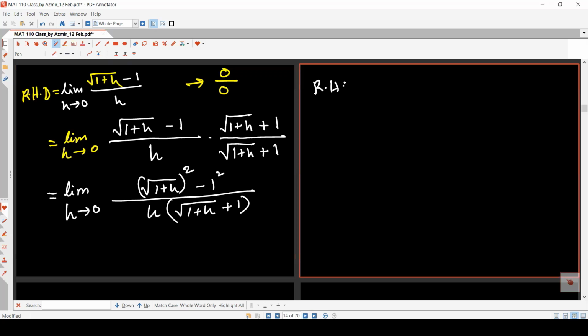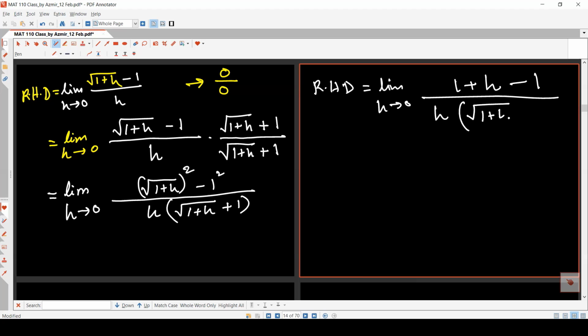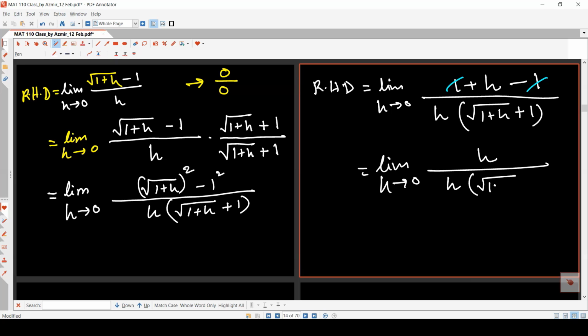So right-hand derivative equals limit a tends to 0. Now the simplification will be 1 plus a only, minus 1, divided by a times square root of 1 plus a, plus 1. Now 1 and negative 1 are cancelled. So we have limit a tends to 0, a divided by a times square root of 1 plus a, plus 1.